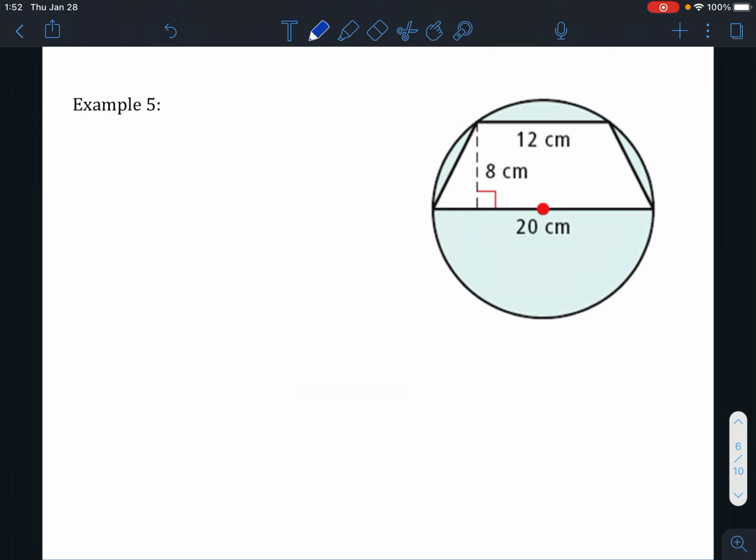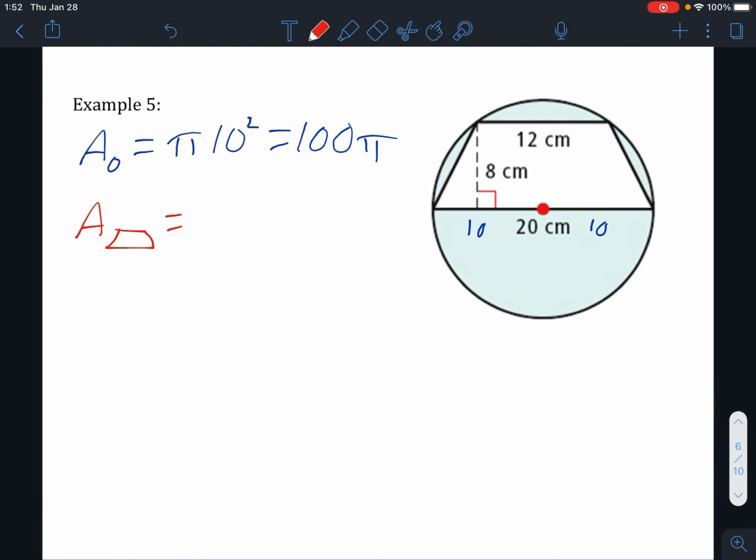Once again, we see a shape cut out of a shape. Okay. So the diameter of that circle is 20, which means the radius would be 10. So for the area of the circle, just pi r squared. That'd be 100 pi. We'll keep it in exact form for now. And then the trapezoid, the height is 8. The two bases are 12 and 20.